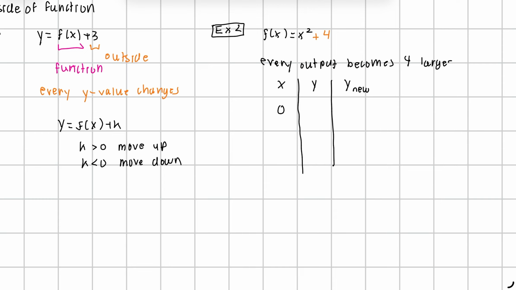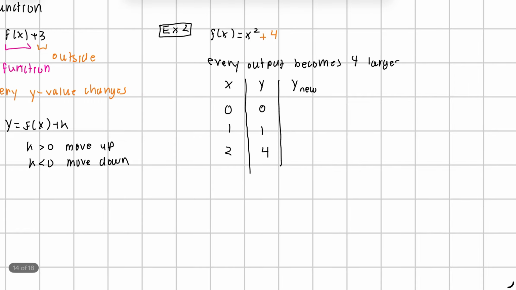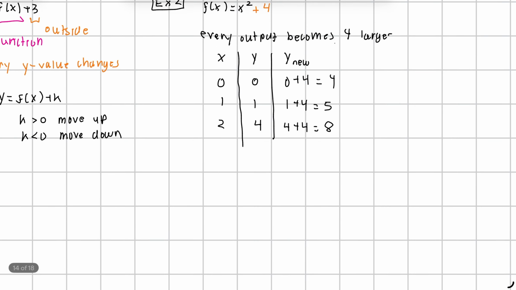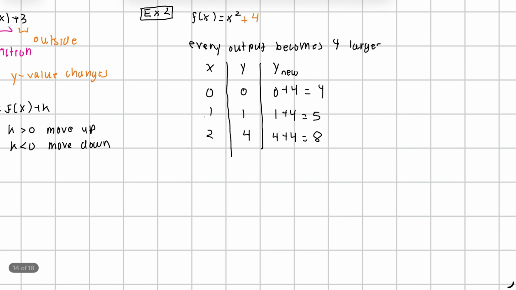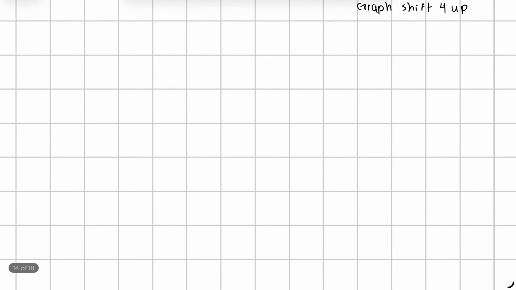So we have 0, 1, and 2. Then we have 0, 1, and 4. So after this, we are going to add 4 to each of the values. We have 0 plus 4, 1 plus 4, and 4 plus 4, giving us 4, 5, and 8. So our graph is going to shift 4 up.